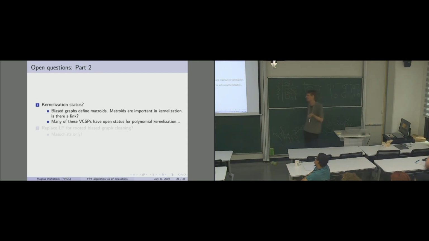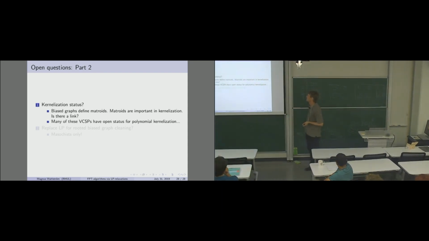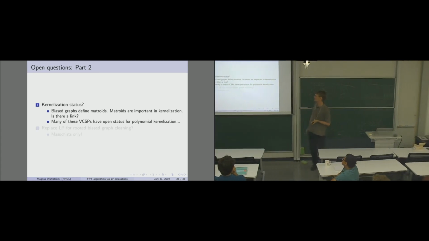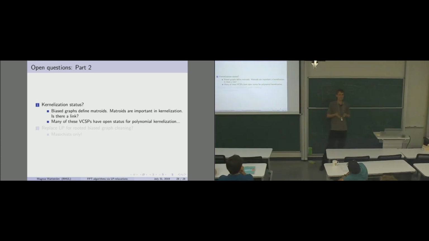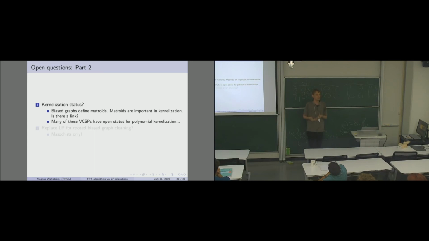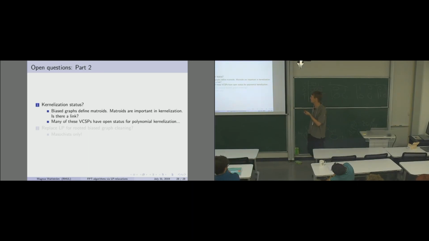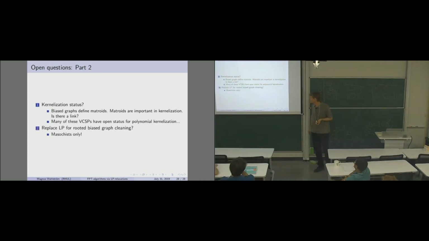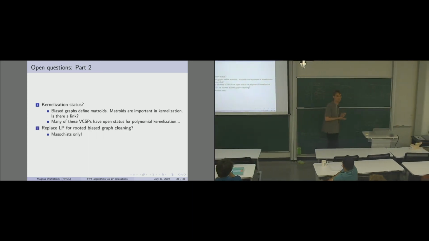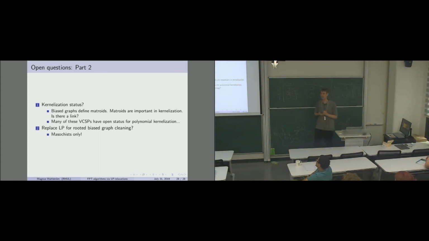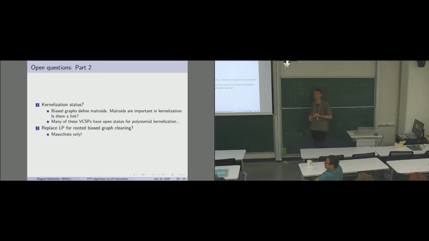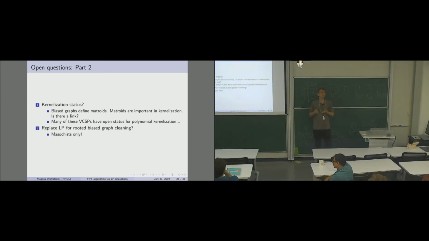That's a lot. Are these coincidences or not? Is there some link which tells you that some of these problems have polynomial kernels? The second question, feel free to try to generalize the 0-1 all half-integral path packing to packing of balloons in rooted biased graphs.